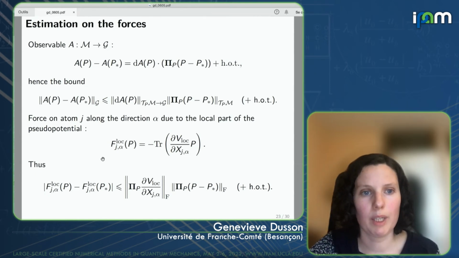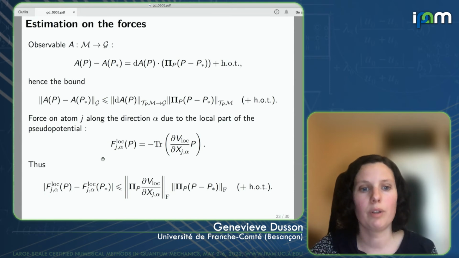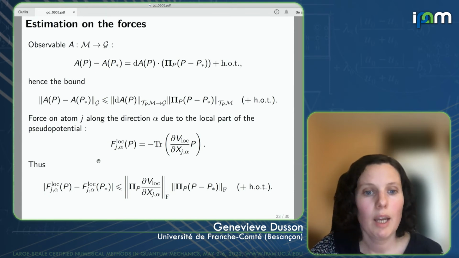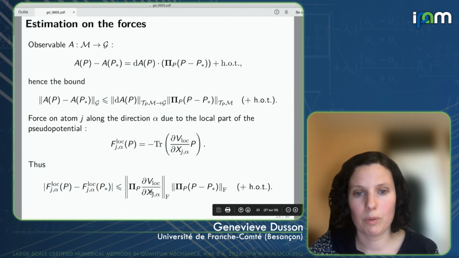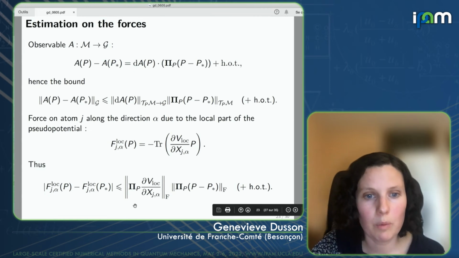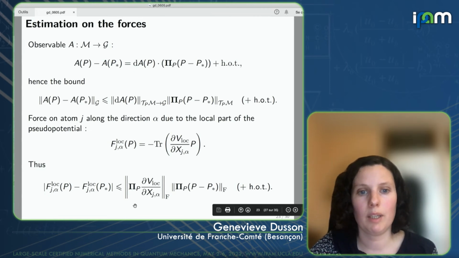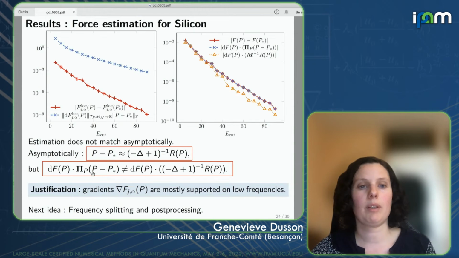If we take this just for the local part of the potential, we obtain this bound: the error between the approximate force and the exact force is bounded by the product of these two terms.